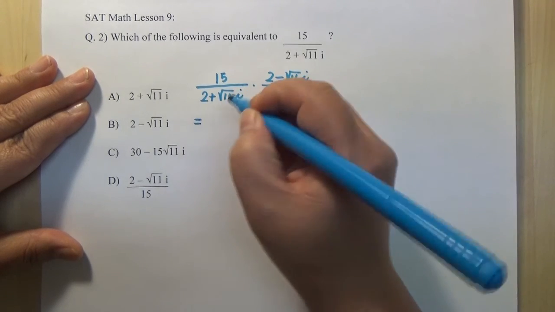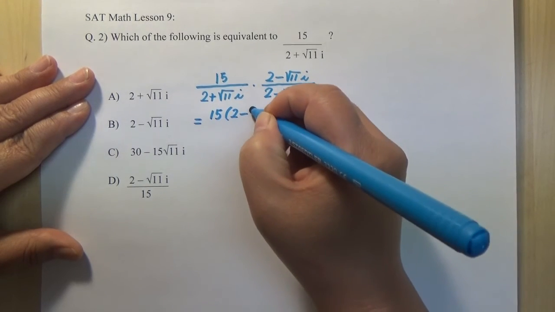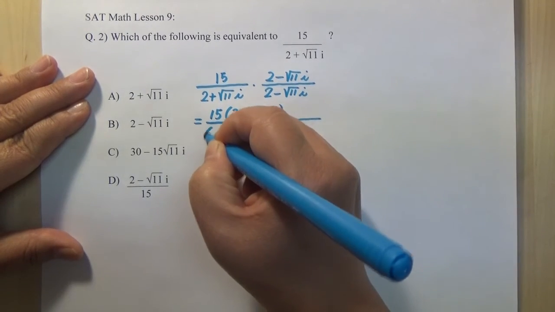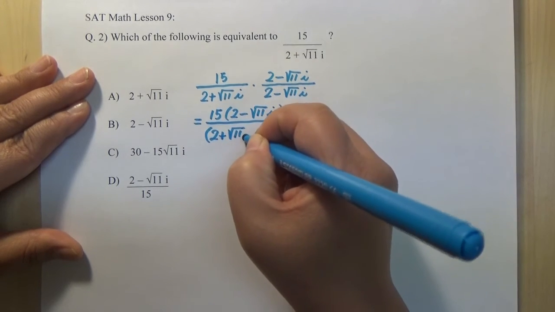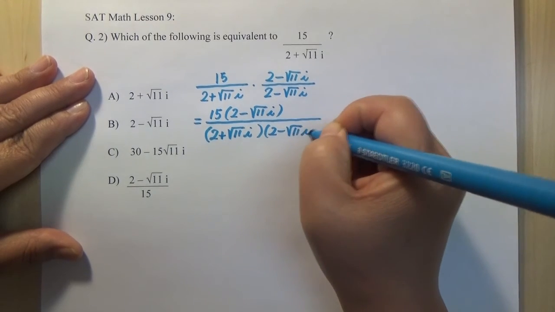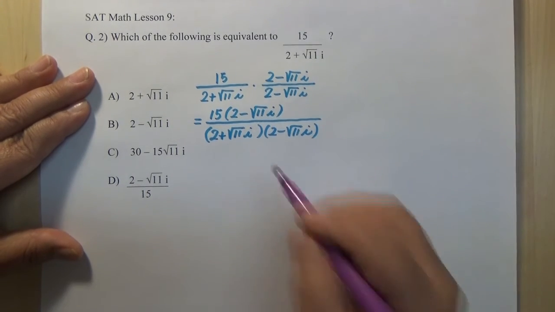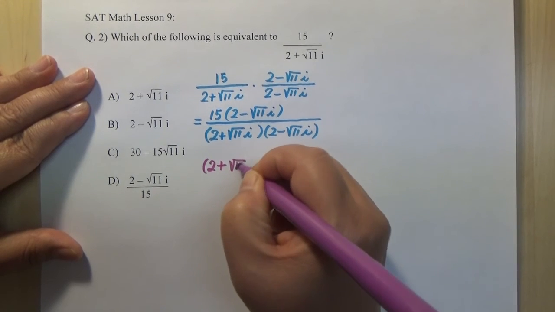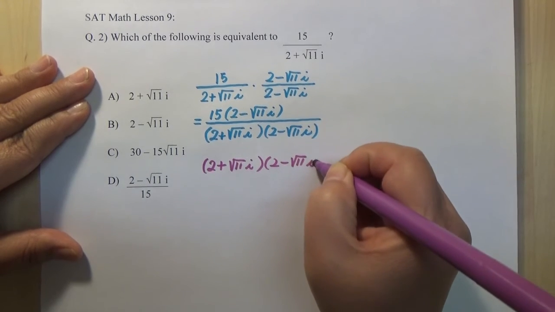So I'm going to rewrite over here 15 times 2 minus square root of 11i all over parentheses 2 plus square root of 11i times 2 minus square root of 11i. So now I'm going to calculate the denominator. I'm going to rewrite here 2 plus square root of 11i times 2 minus square root of 11i.